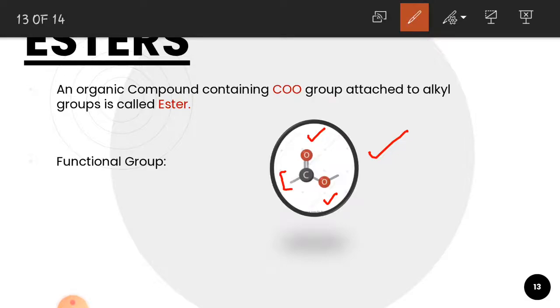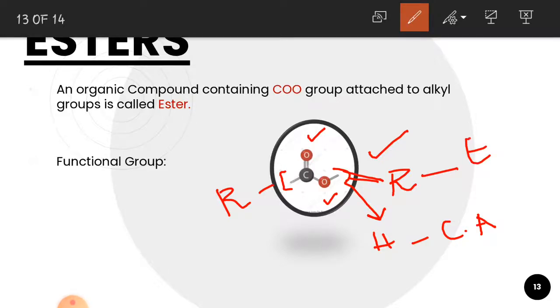At one side of this group an alkyl group is attached, and on the other side an alkyl group is also attached. Now if this side contains hydrogen, then it will be called a carboxylic acid. However, if it contains an alkyl group, then it will be called an ester.